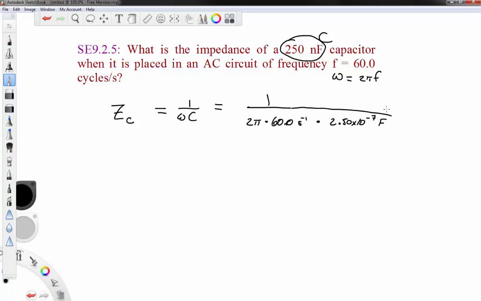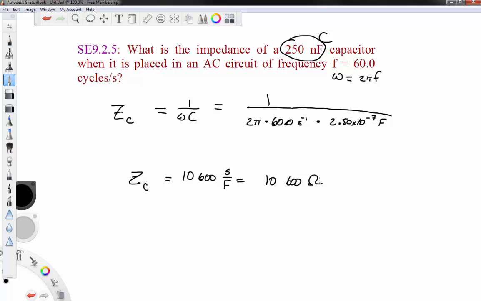So the answer is that the capacitive reactance is about 10,610, so I guess this would be 10,600. And the units are basically per farad per second, or seconds per farad. And a second per farad is actually equivalent to an ohm, so 10,600 ohms.